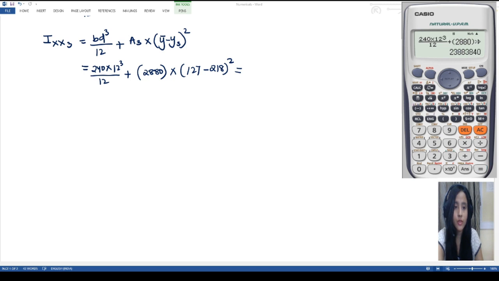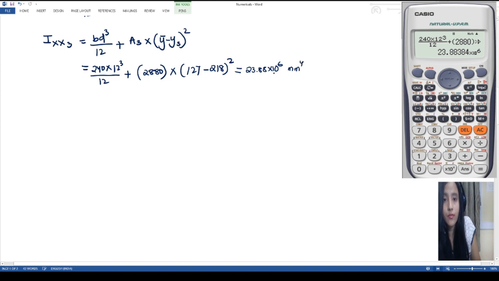So this is coming equal to 23.88 into 10 raised to power 6 mm raised to power 4.